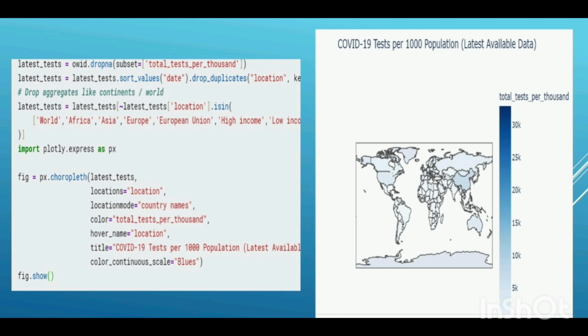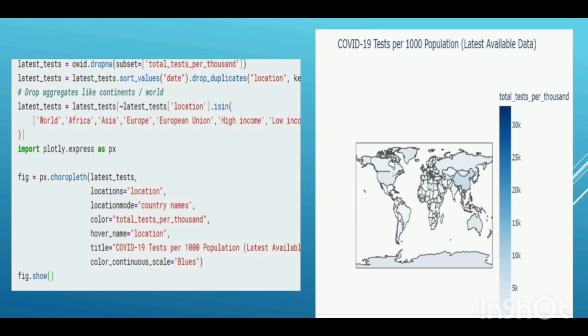To make the analysis more powerful, I created a choropleth world map using Plotly. This map shows the latest available data for tests per 1000 population across all countries. As we can see in the visualization, darker shades of blue represent countries with higher testing rates, while lighter shades show lower rates.